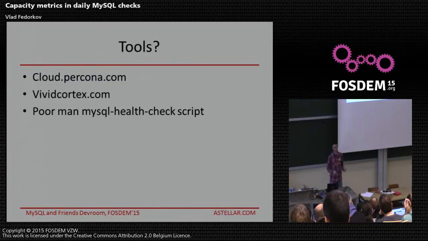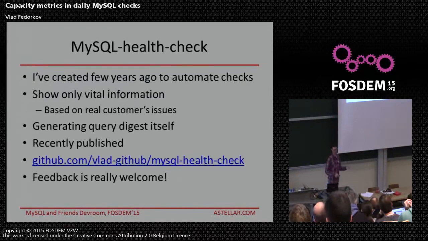For myself, I created a poor man's health check script that collects all the information once a day and sends me an email with it. I'm not saying you should use it or try that. There are lots of tools that already exist. I just created it for myself, and so far I like it. You can go to GitHub and take a look at it if you like.